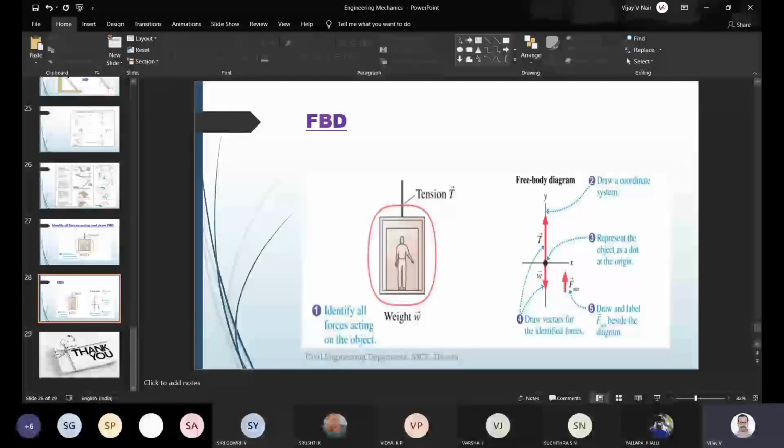Mainly, if you're considering the weight of a person as well as the self weight of the cabinet, that will become 3. So basically, there are 3 forces. But still, if you consider the weight of a person as well as the weight of the cabinet together, you can call it a weight force acting in the downward direction. So, do you have any other opinion? I think this is what you told, right?